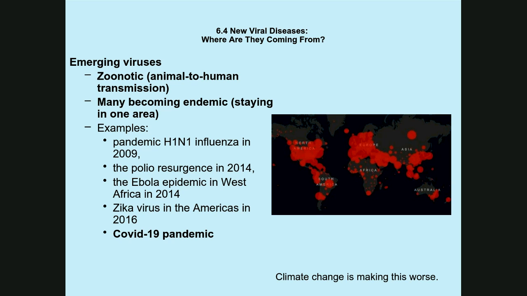Also, the other things that can make emerging diseases more likely are international travel, the shipping of goods, overcrowding and pollution, having people be more in contact with organisms that they may not have been before.